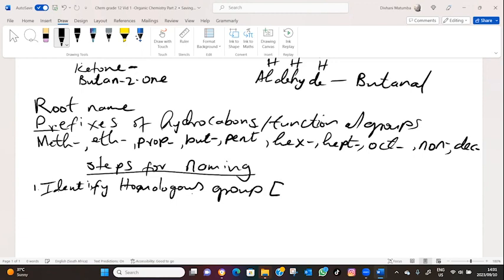You look at the presence of your oxygen, your hydroxyl groups, your halogens, and the structure.